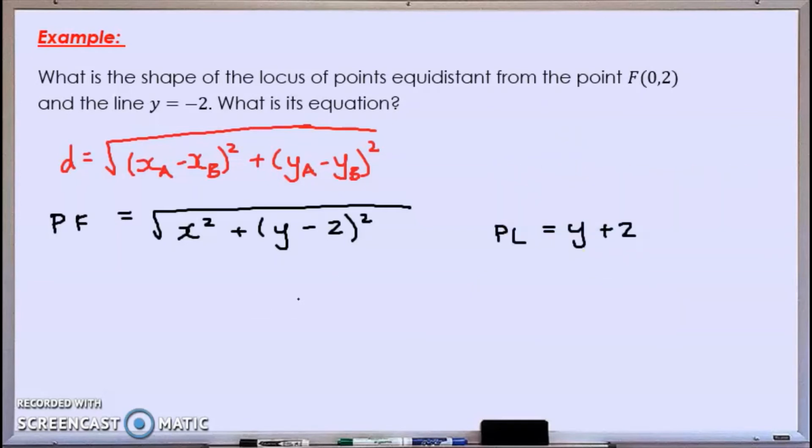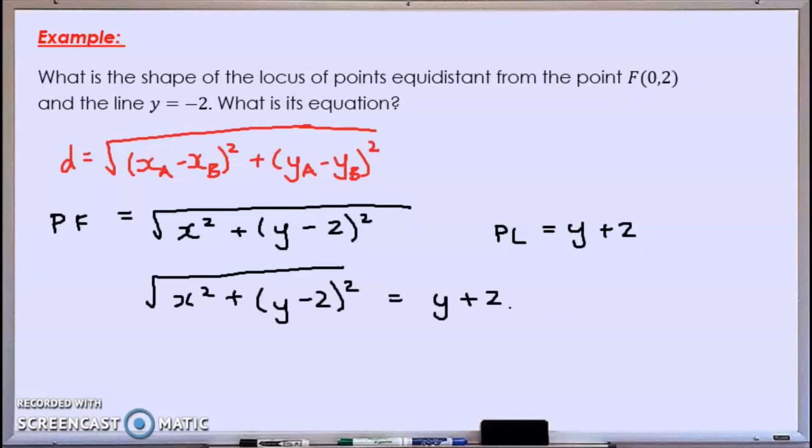So now let's do this. We know that the square root of x squared plus y minus 2 squared equals y plus 2.